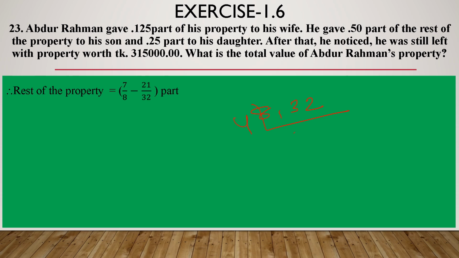If we take 4, 4 2s are 8, 4 8s are 32. If we take 2, 2 1s are 2, 4 2s are 8. So the LCM should be 4 multiplied by 2 multiplied by 4, that would be 32. So this is the LCM, my dear students.